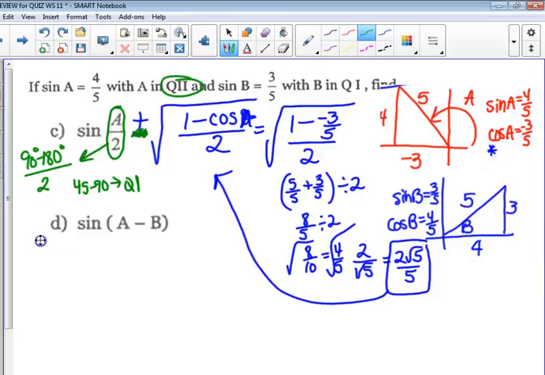This one, I think you'll like a little bit better, maybe, because we've done a couple of these already today. Can you expand this out? All right, so plug some values in.